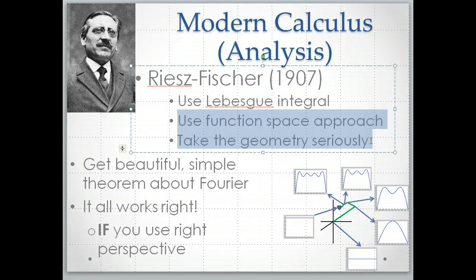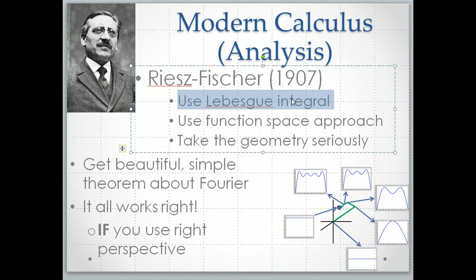And that was something that people were not able to think that way before around 1900. And then to actually prove that it works, it's crucial that you use this sophisticated version of calculus, the Lebesgue integral. So this really wraps up the story in a beautiful way.